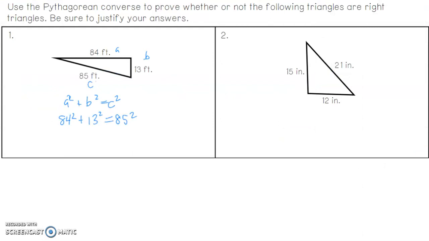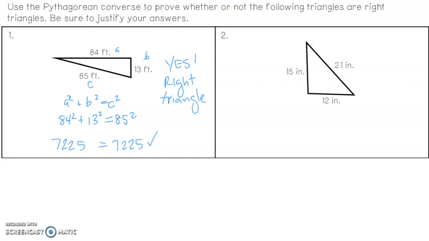That means this is a right triangle. The two sides equal each other. This is true, so this is a right triangle. That's what the converse does. It tells me I can prove that it is, not just relying on what it looks like, but actually using mathematics to prove it.